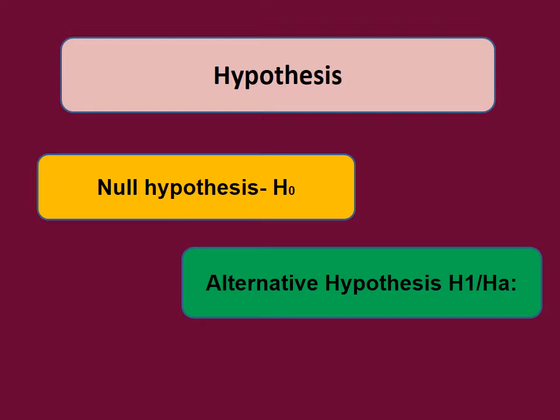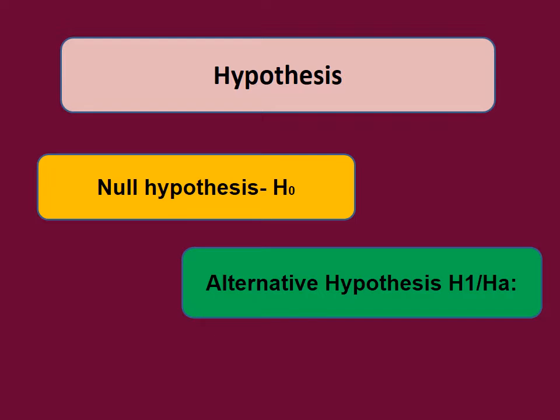That means treatment means. But in the alternative hypothesis, there is some particular significance of the results or treatment means. There are some differences among the treatment means. That is the alternative hypothesis.